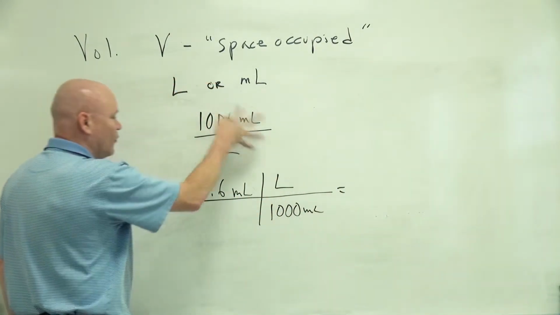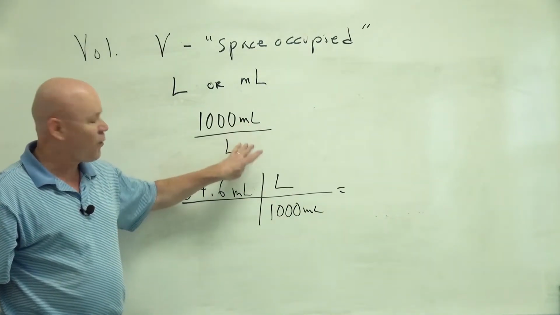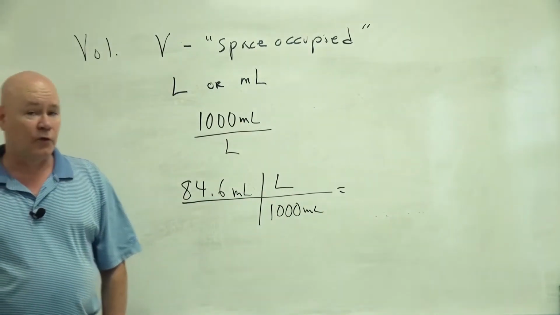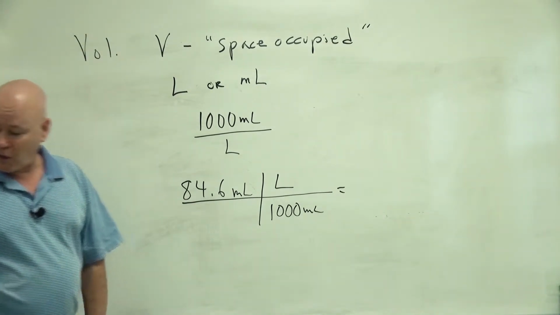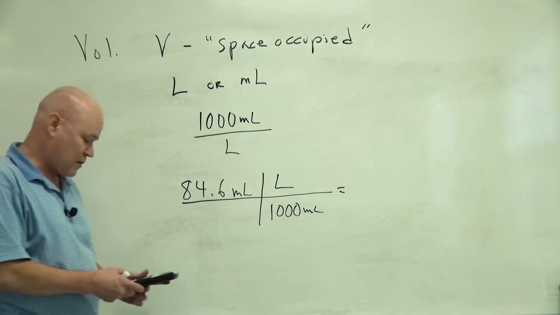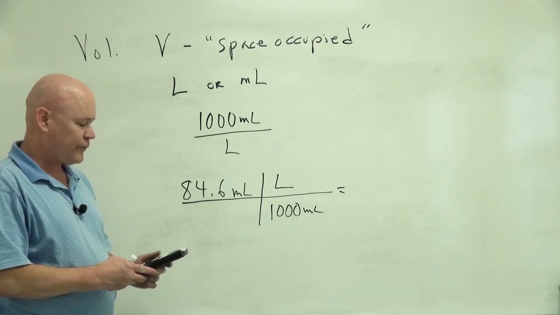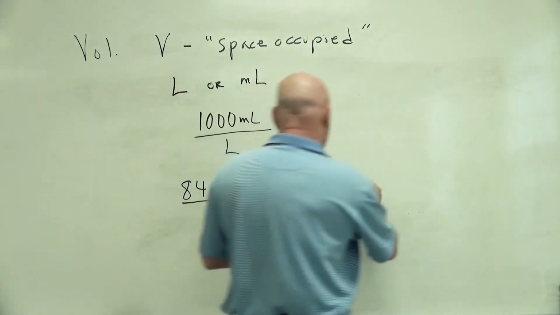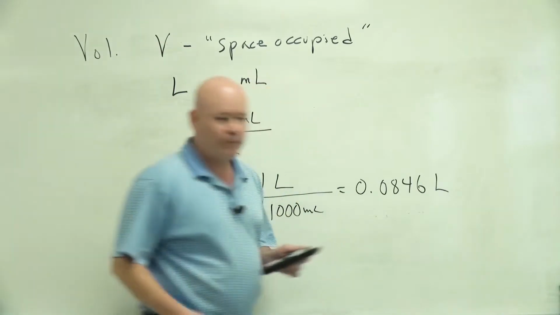Once again, this conversion factor doesn't count for significant figures because this is a defined quantity. It's 1,000 milliliters to a liter. And so when we put this in our calculator, we would actually say 84.6 divided by 1,000, and I get 0.0846 liters.